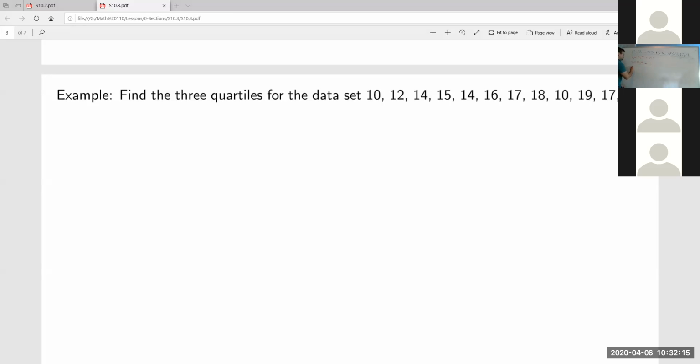And Q3, what is 17 plus 17 over 2? So this one's easier than that one. 34, isn't it?